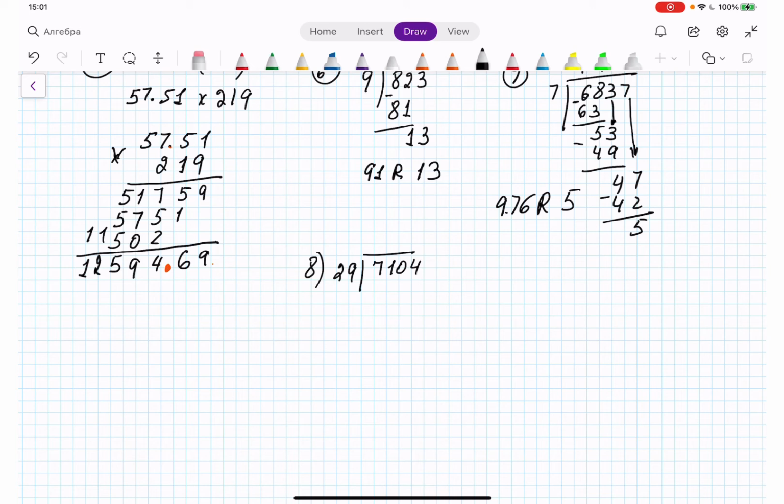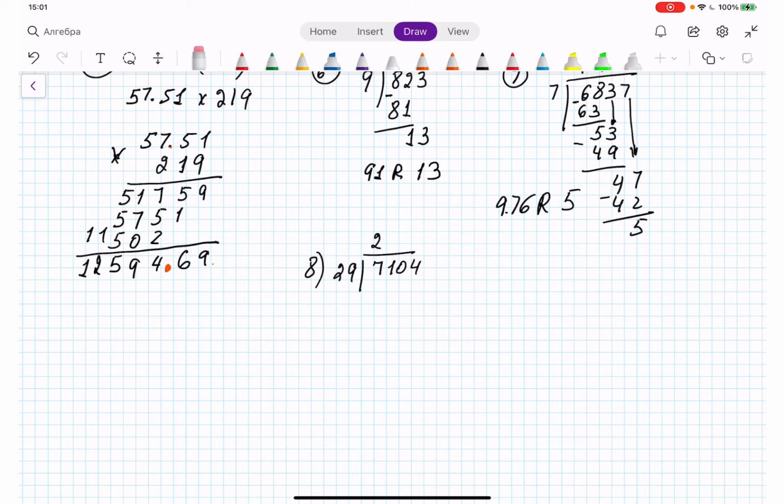So 7 divided by 29 is 0, right? We can't divide 7 by 29, so taking 71. 71 divided by 29, it's going to be twice.